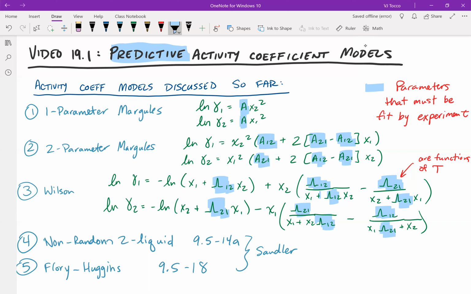These would be really great, because if we had a predictive activity coefficient model that really worked, we wouldn't have to do experiments at all. We could design systems without having any experimental data. We would just crunch the numbers and do it completely with a simulation first, and then build our process from there.